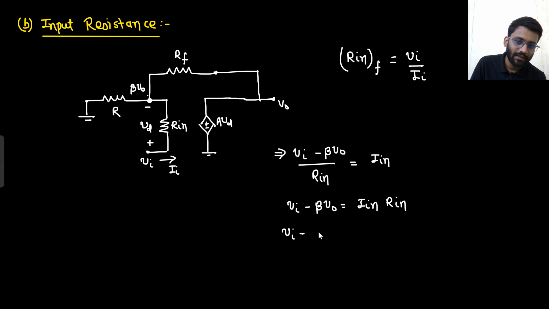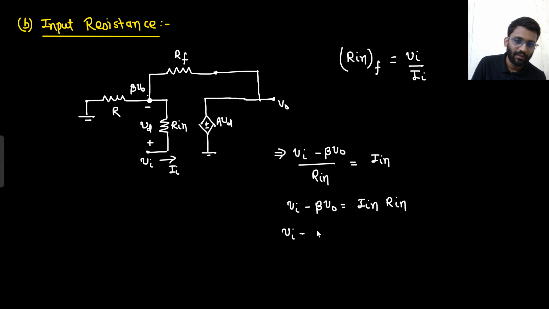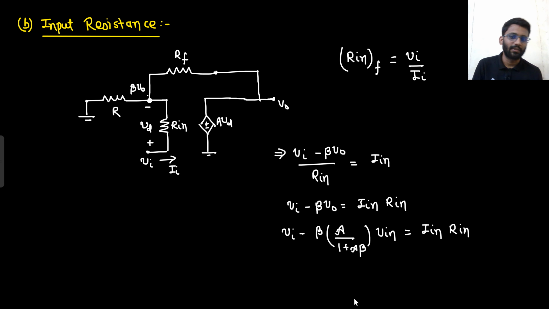By the previous analysis, I found out the value of V naught. V naught was A upon 1 plus A beta into Vin. That would be Iin into Rin. Say yes or no.